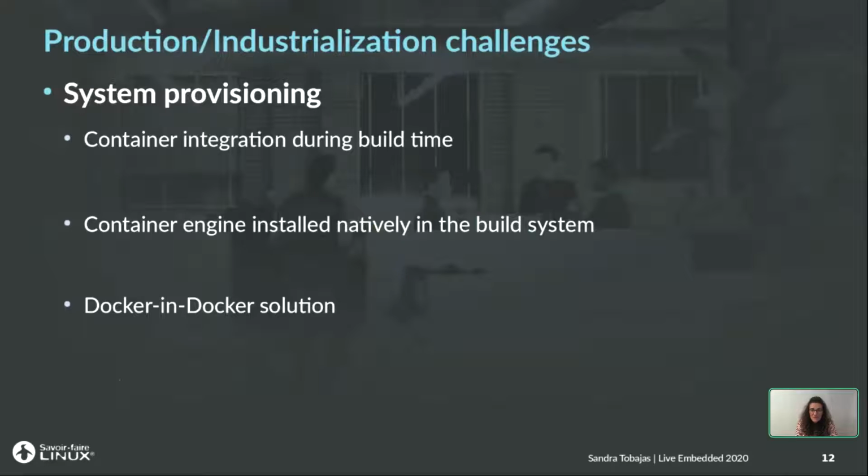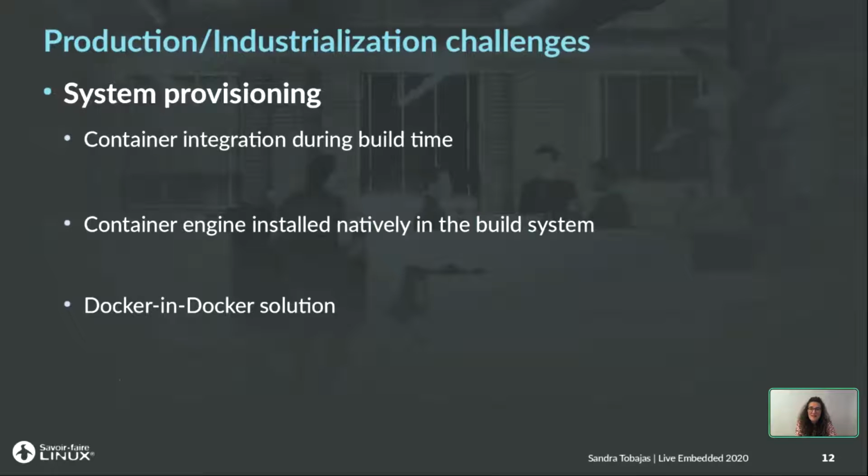So, the Yocto build system is containerized, but the Docker image has to be integrated into the root file system during the build time. Indeed, the container engine must be installed in the build environment. Neither Docker nor Podman has recipes available as native tools in the meta-virtualization layer.